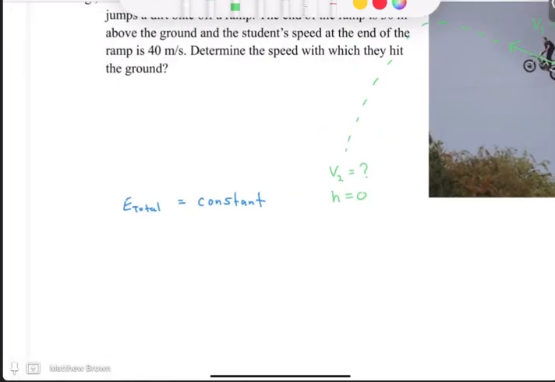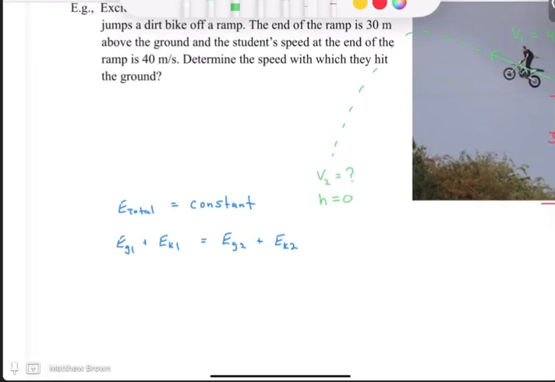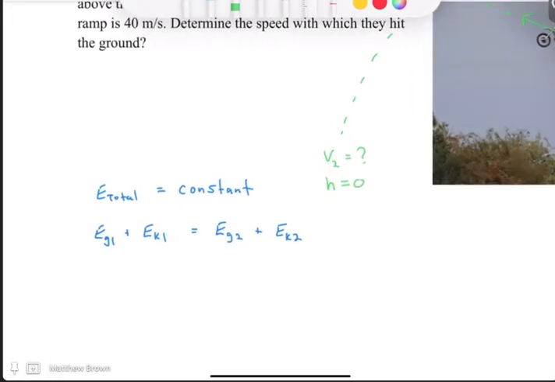So in other words, EG1 plus EK at position 1 equals EG2 plus EK2. And we can put in the numbers here. EG is just mgh plus 1/2 mv1 squared equals mgh.